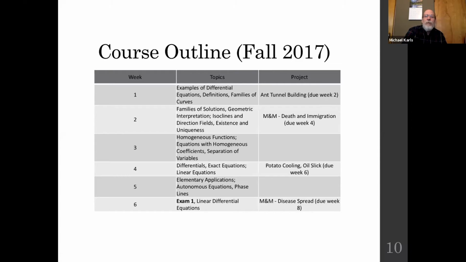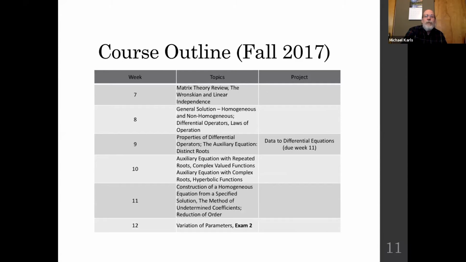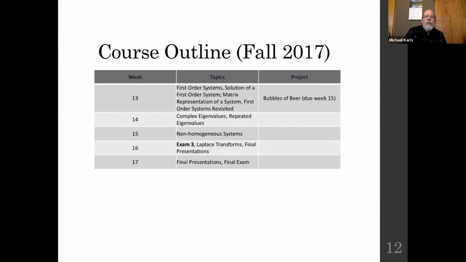Then we did M&M death and immigration, potato cooling, oil slick, and the disease spread for M&Ms. As you can see, the frequency of assigned projects decreased. I learned that I couldn't do as many as I wanted to, so we ended up assigning 6 projects. This last one is one I made up, looking at a model for bubbles of beer rising in a glass of beer, where we looked at a paper and checked the details on it.